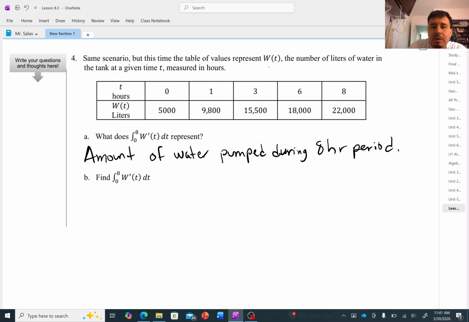And this makes sense because if I'm taking the antiderivative of W prime, I'm going to end up with W, right? Now the next one for part B says find the integral from 0 to 8 of W prime T dt.